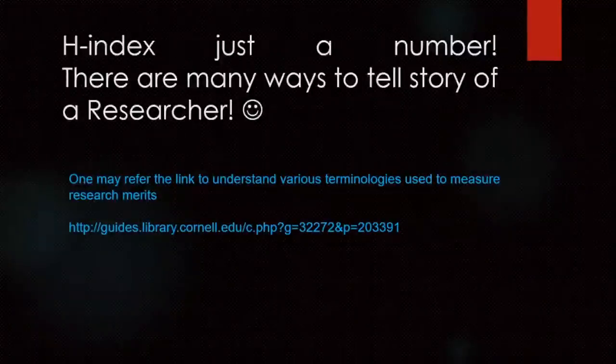There are many factors, such as the impact factor of where he is publishing. Suppose he is publishing in a very high impact factor journal, but it was published recently, so it may not have so many citations and h-index. The h-index is just a number, so we need to see many more parameters about research capability.